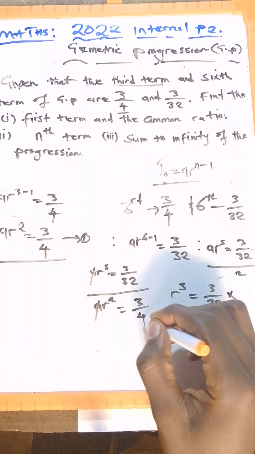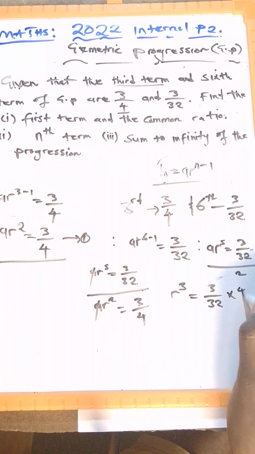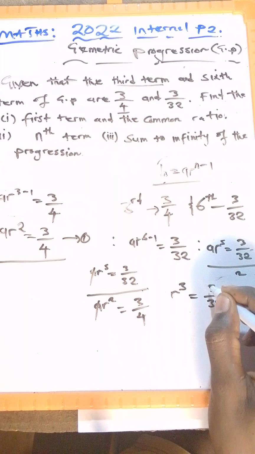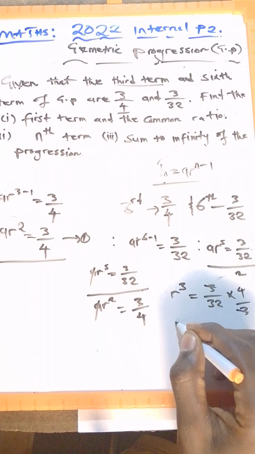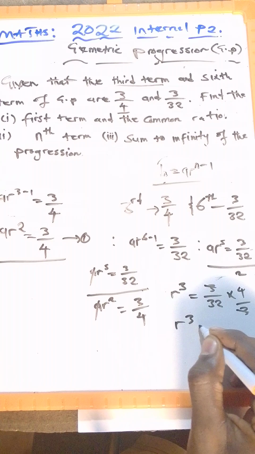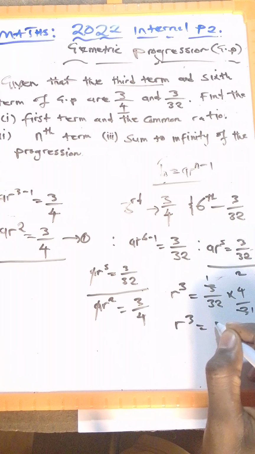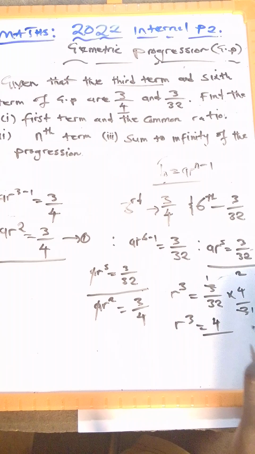Then this will go up, so it will be 4 over 3. Then from here we can cancel 3, so r to the power 3 is equal to 1 by 4, which gives us 4 over 32.